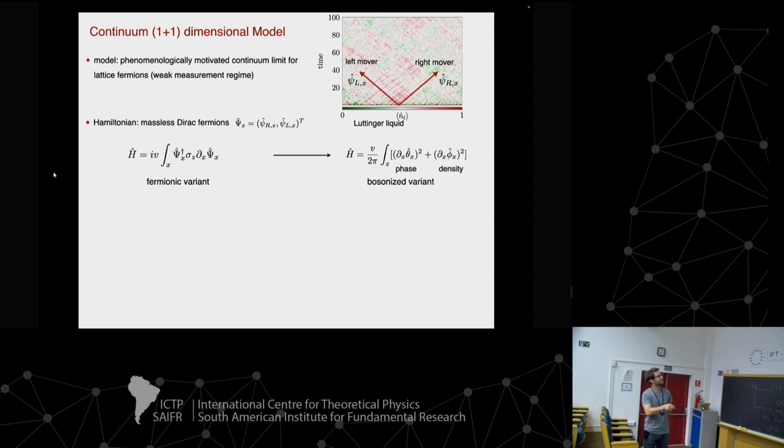That is a standard construction that gives rise to a Dirac Hamiltonian, which has this characteristic matrix sigma z. So the entry 1 in the sigma z matrix describes the right moving particles, and -1 the left moving, just particles in the other direction. So that rationalizes this matrix sigma z here.